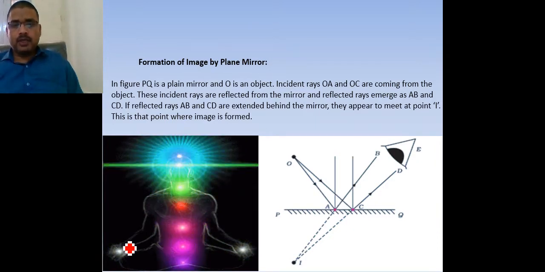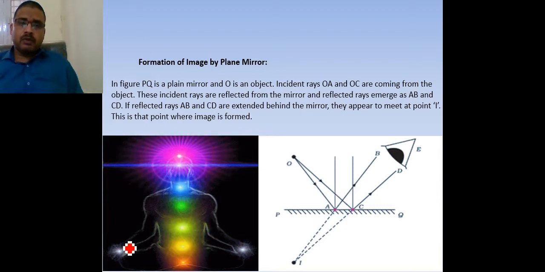Here there are different kinds of mirrors, like concave mirror and convex mirror, which you will study in detail in class 10th. But what we have in your course here is the plane mirror, and how images are formed in case of the plane mirror.